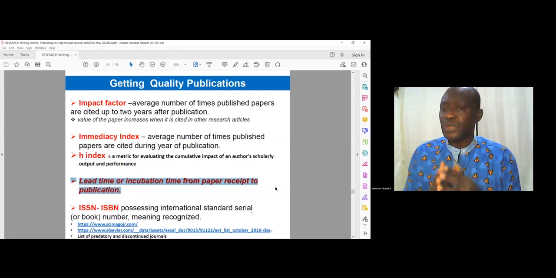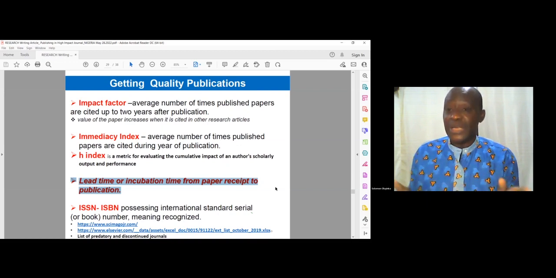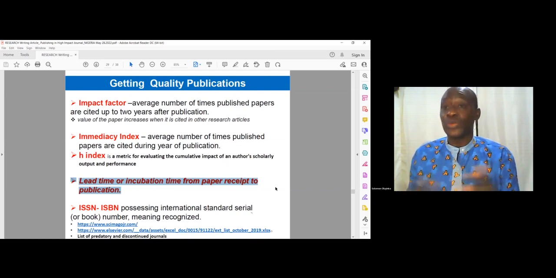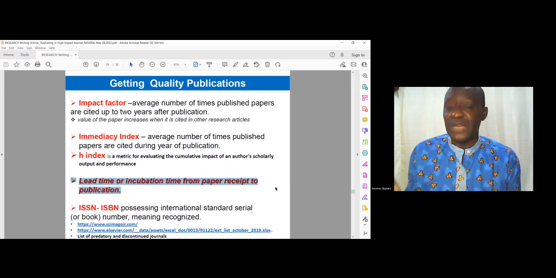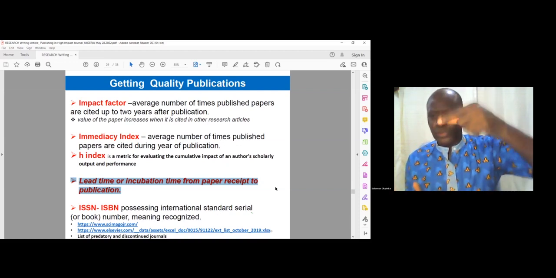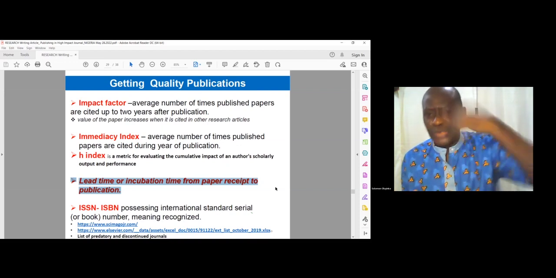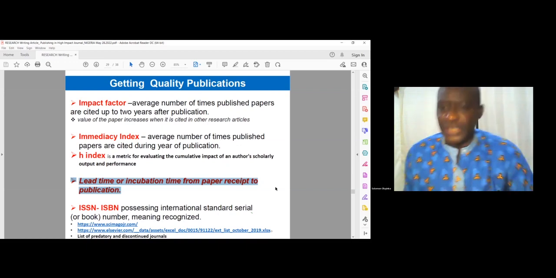My advice, if you want to have a quality publication, you start now. You submitted for proposal defense, or you are preparing to submit for proposal defense. As you are preparing for submission for proposal defense, you start to prepare submission for publication.